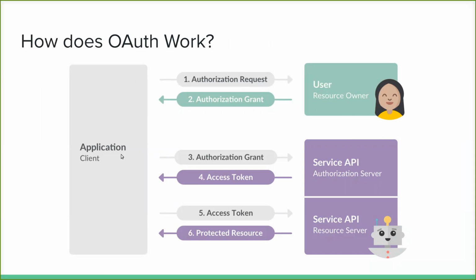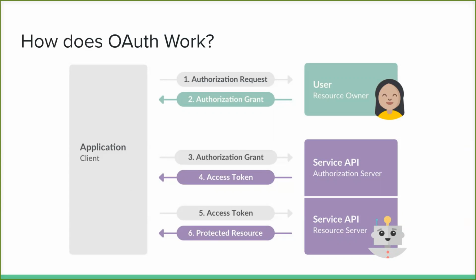Then the application can send that grant to the API or the server that's authorizing you and say, look, I got this code from your owner and I need to access your data. They're going to send back an access token, and this access token is what OAuth is good for.